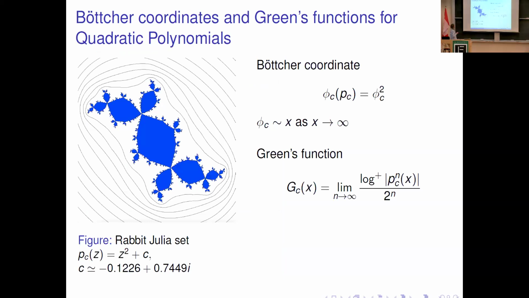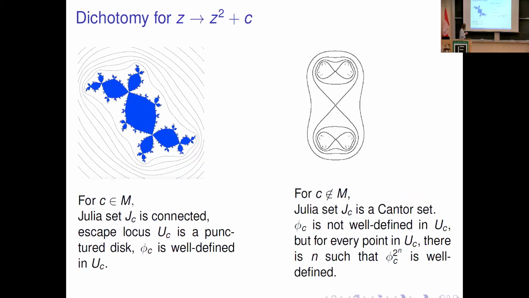Let me remind you that for each polynomial z squared plus c, you can look at the Böttcher coordinates that conjugate the dynamics to z goes to z squared. And we can look at the Green's function that measures the escape rate as we go to infinity. For z squared plus c, we have a dichotomy.